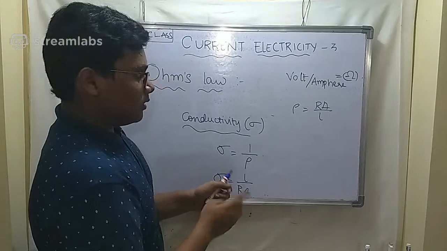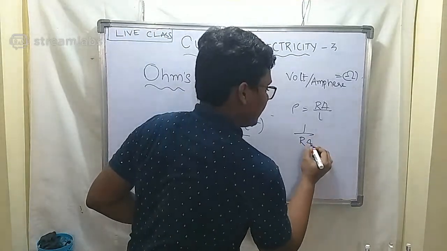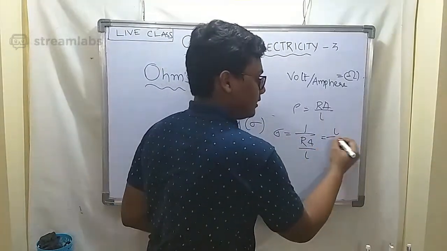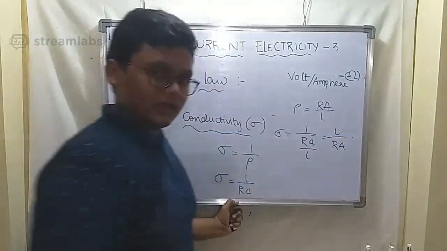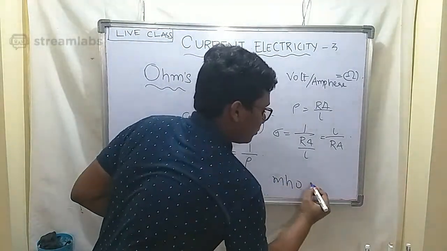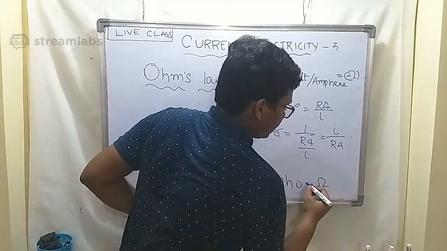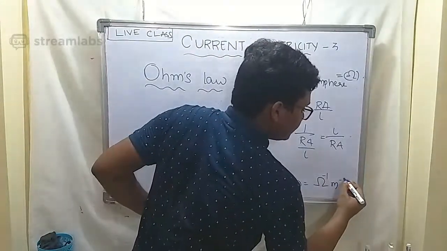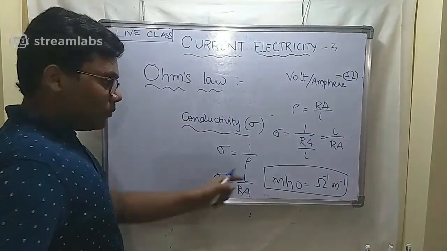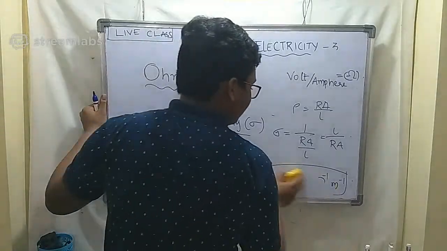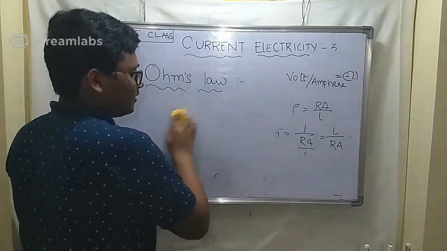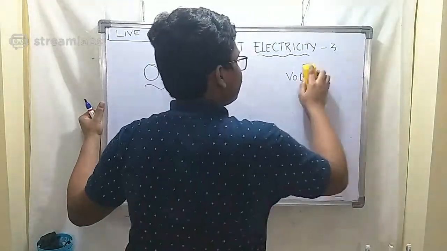Its unit is mho, which means omega inverse meter inverse, not per meter. We can normally call it mho and remember it like that.